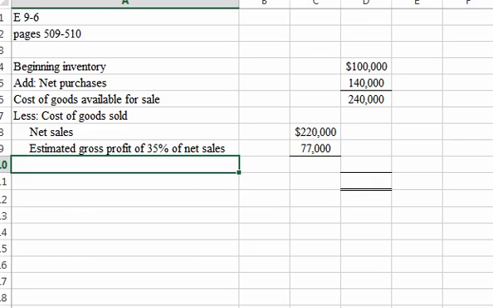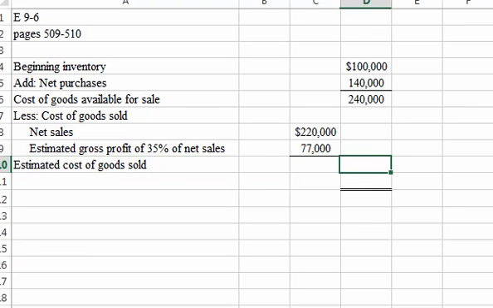We're now going to subtract, and we get estimated cost of goods sold, which is equal to 220,000 minus 77,000. This 143,000 is our estimate of cost of goods sold.